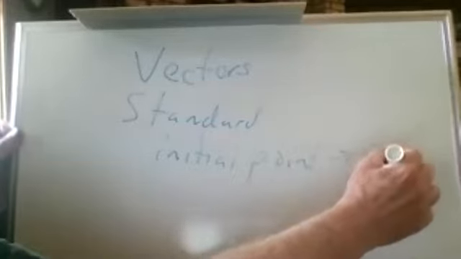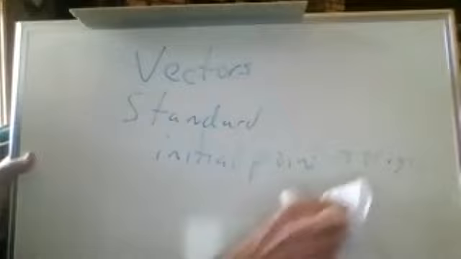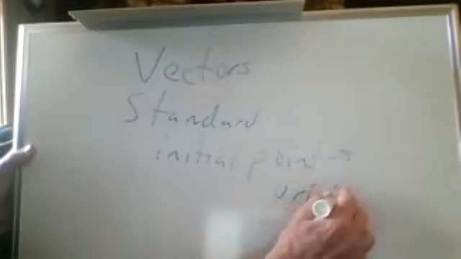If you think my handwriting was poor before, we just ran out of room there too. I'm writing across the board further and further away from me. All right, so that would be standard position.